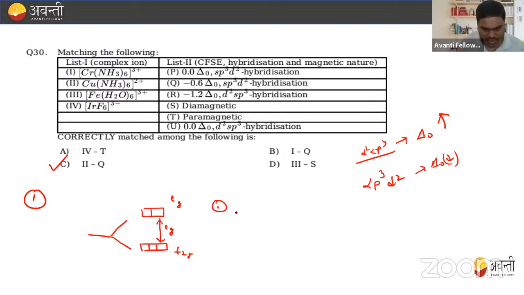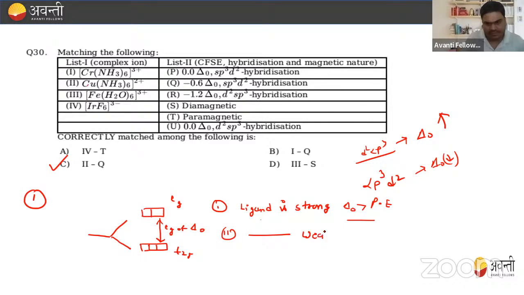Remember this point, whenever the ligand is strong, then this energy gap, which we also represent as octahedral splitting, is much more than the pairing energy. Similarly, when the ligand is weak, delta O is less than P, or we can say that the splitting energy is less.